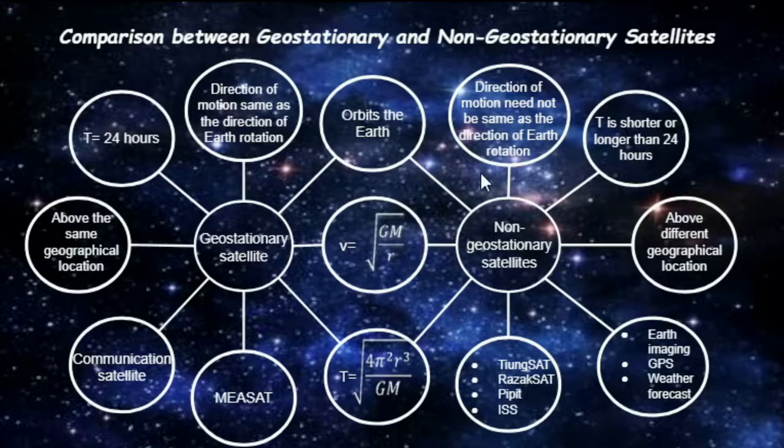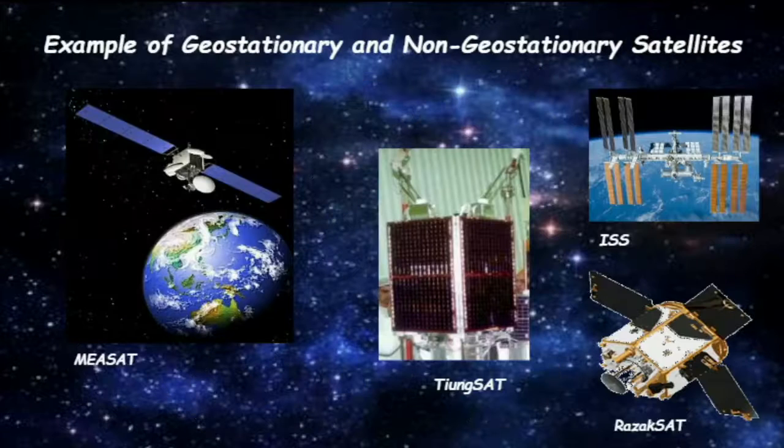And the similarity is they both orbit the Earth, and the formula of V and T is the same. Here are examples of the geostationary and non-geostationary satellites. This is MEASAT, and the Tiong SAT, ISS, and the Raja SAT.